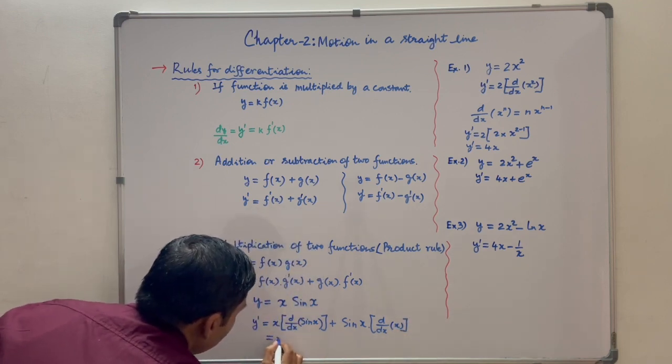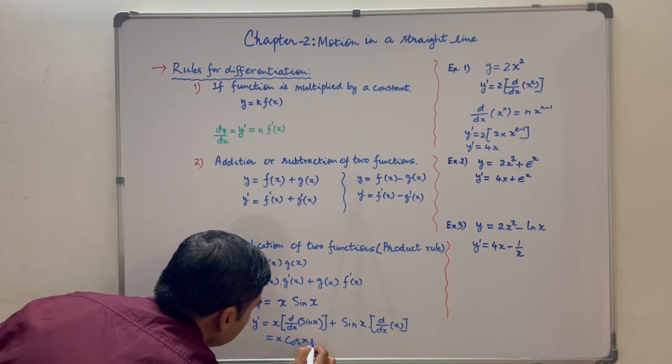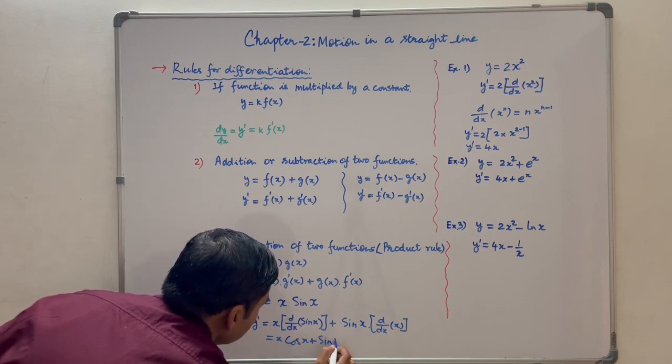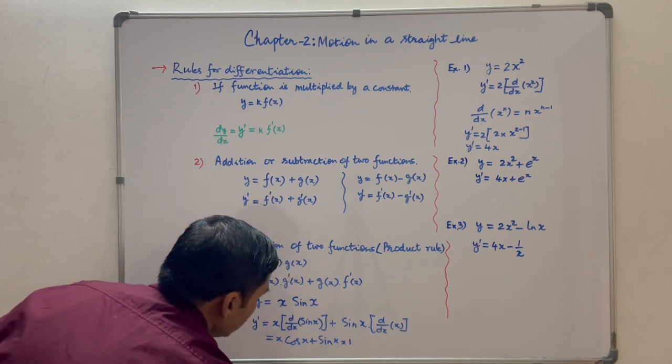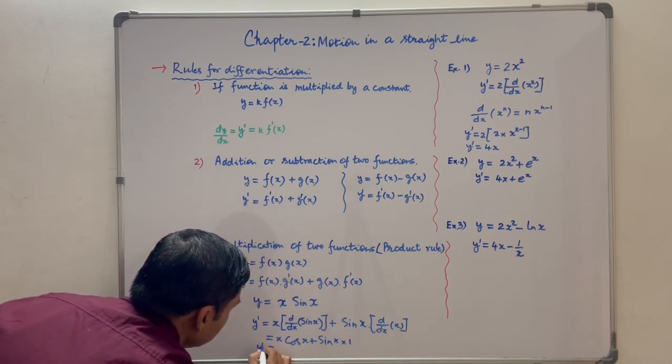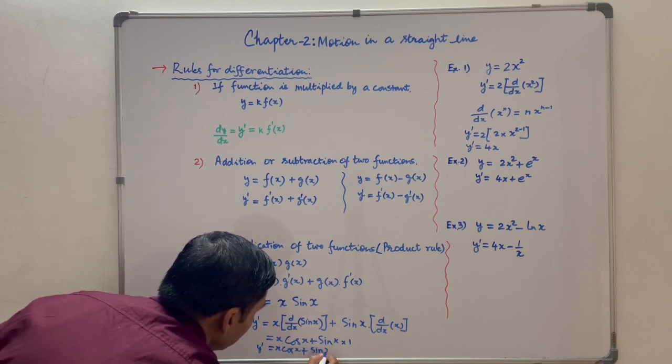That will be equal to x into derivative of sine x will be cos x, plus sin x into derivative of x will be equal to 1. So the answer will be y dash is equal to x cos x plus sin x.